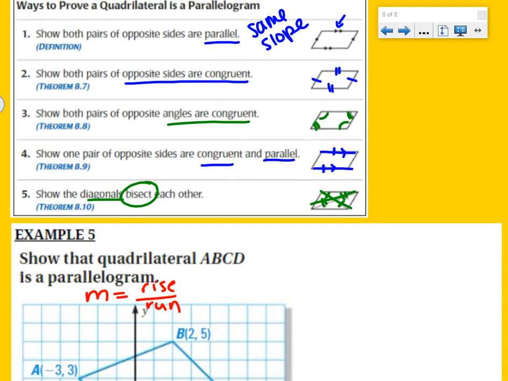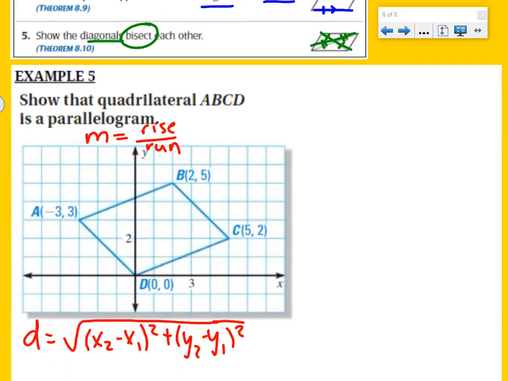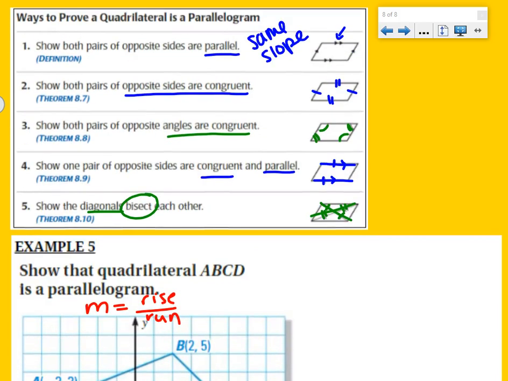We could show that both pairs of opposite angles are congruent. Actually, no, we could not because we don't have any information on angles. So that's the one that we couldn't use in this case. We couldn't use theorem 8.8 because we have no information on the angles.